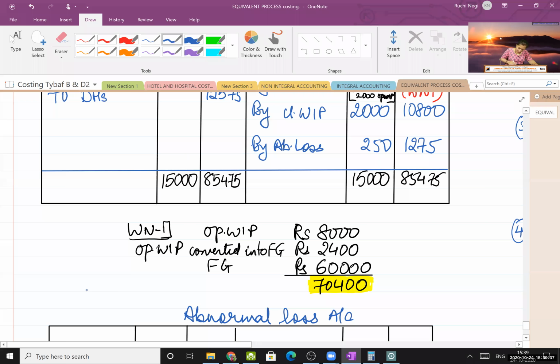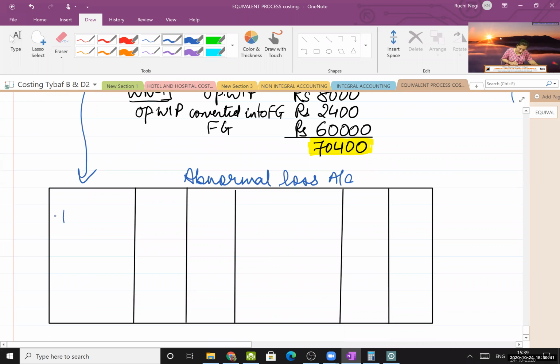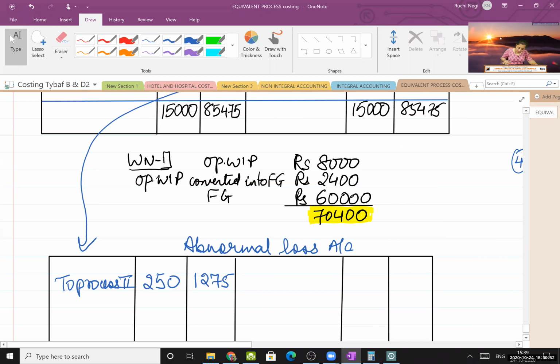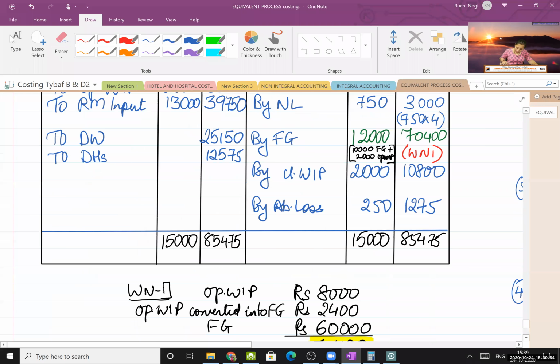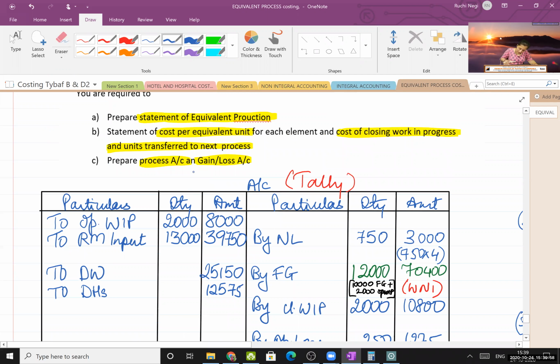Abnormal loss, इसका second effect इधर आएगा 250 and 1275. So to process two account 250 and 1275. Okay, don't forget this. This is process. Name of the process is process 2.